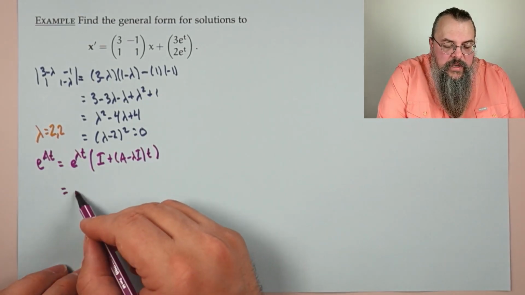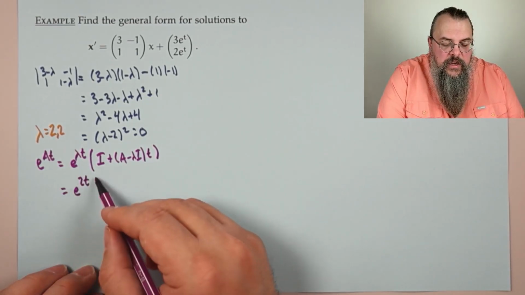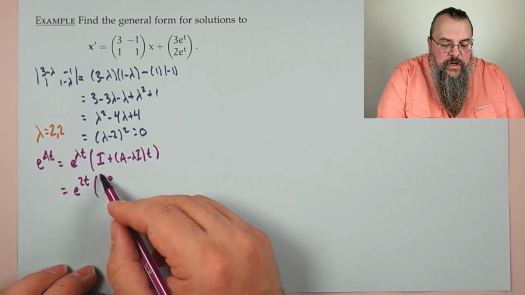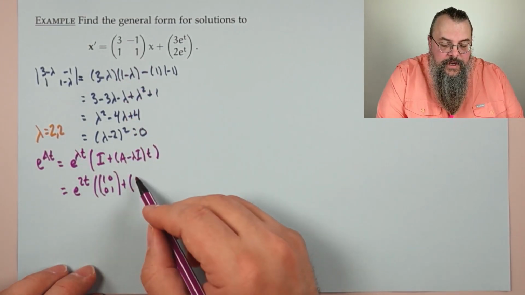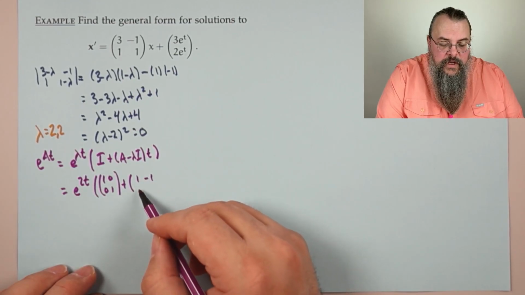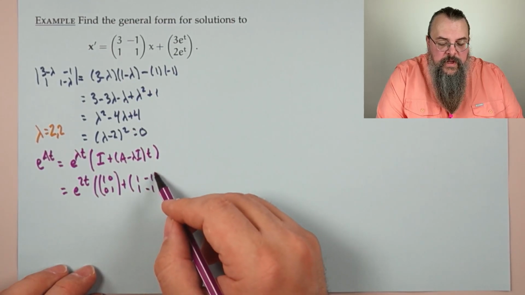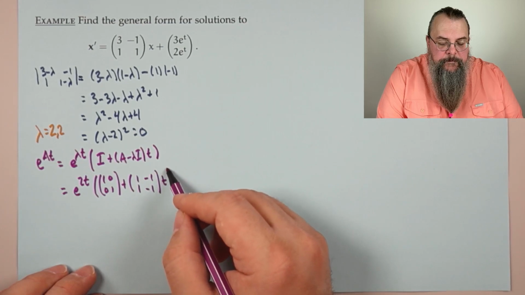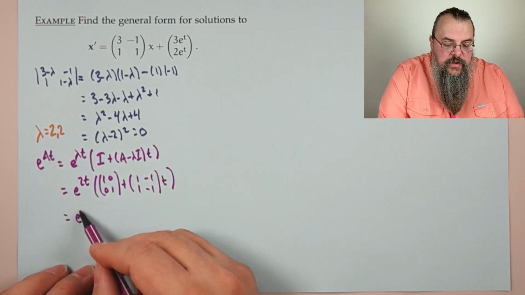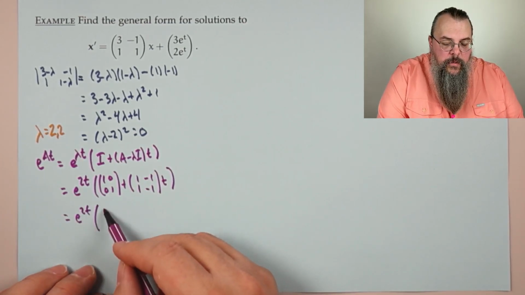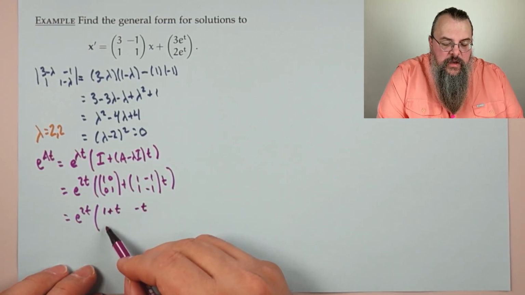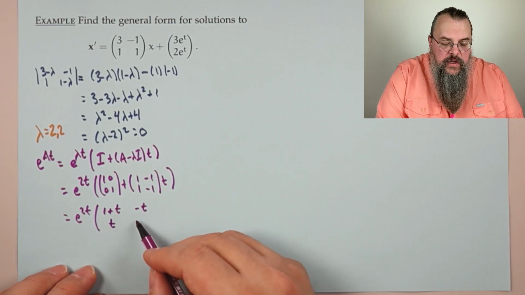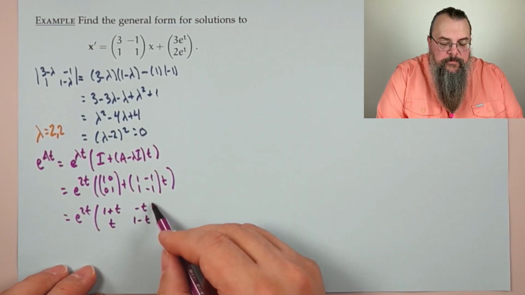So in our case, we get e to the 2t times the matrix [1, 0; 0, 1], plus, subtracting 2, we get [1, -1; 1, -1] times t, which is e to the 2t times the matrix [1 plus t, -t; t, 1 minus t].